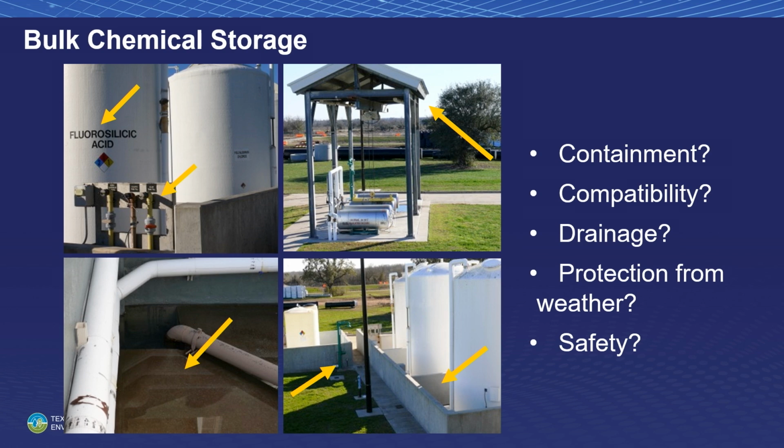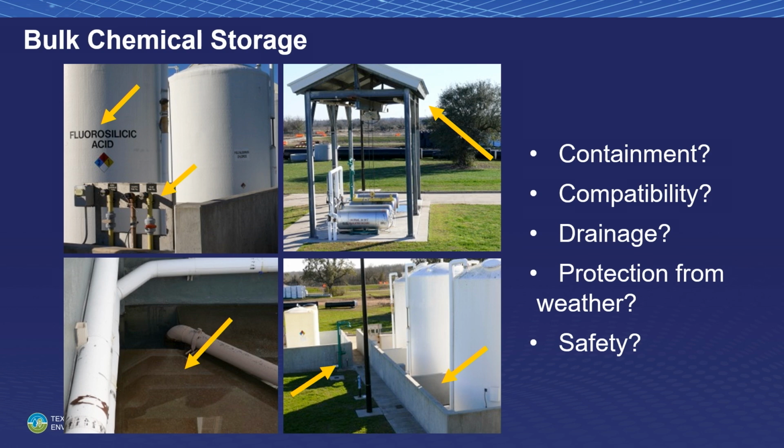Another place where we stop and want to make sure we don't have problems is in storage, where the regulations call for these storage tanks to be appropriately marked. They call for storage tanks not to be inside the same container walls if the chemicals aren't compatible. So you've got to make sure they're separated.